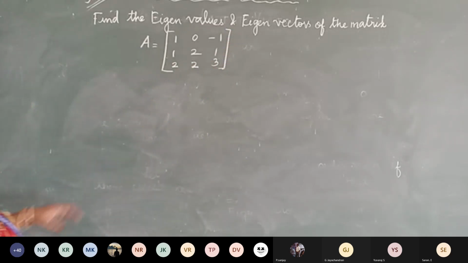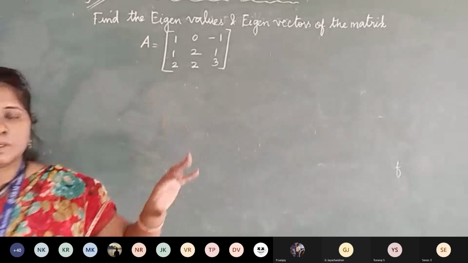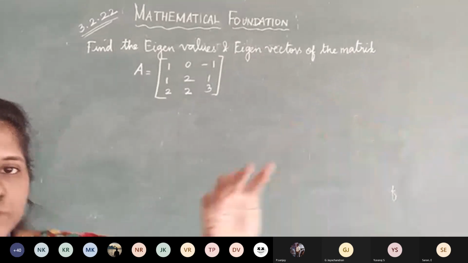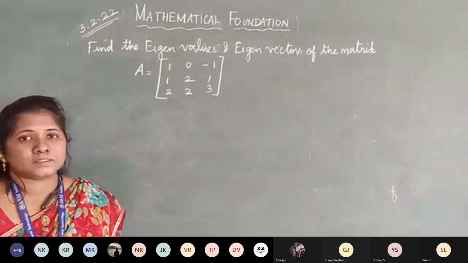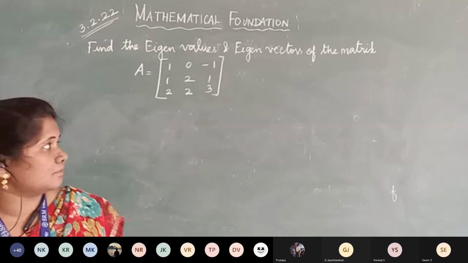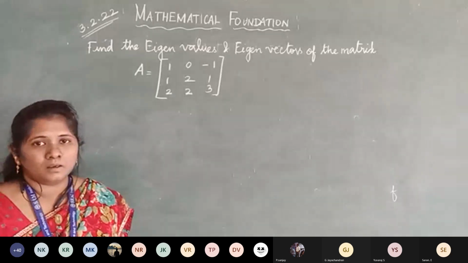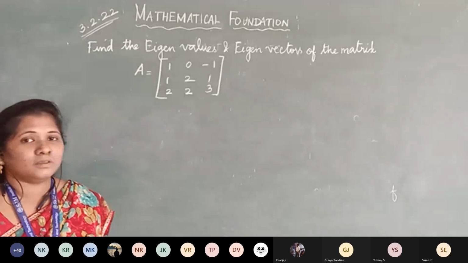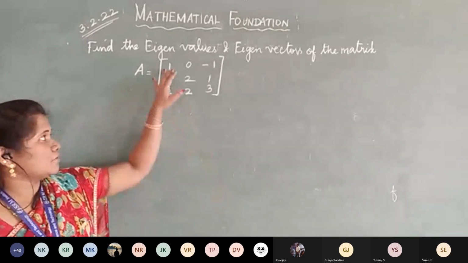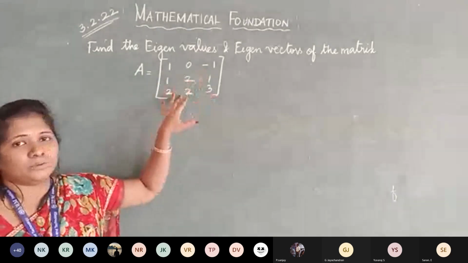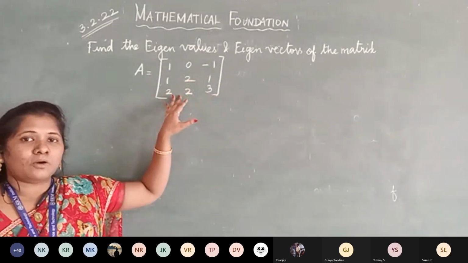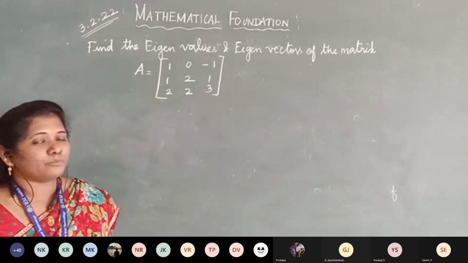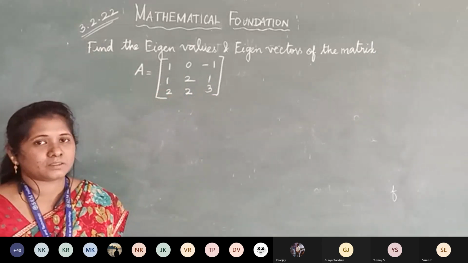In your given matrix, the first step is to see whether it is a symmetric matrix or a non-symmetric matrix. Symmetric means the diagonal elements above and below have the same values, or if you find A transpose and both are equal, then it is a symmetric matrix.